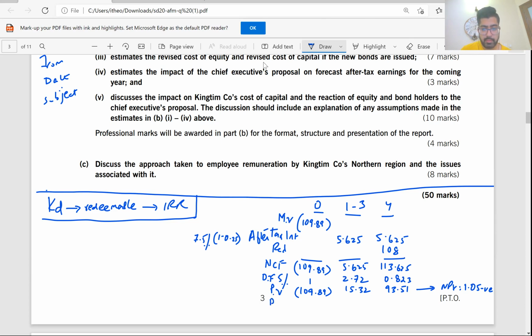For positive, we reduce the discount rate to, let's suppose, 3%. Here, zero factor is 1. For 1 to 3, 2.82. And for year 4, 0.888.